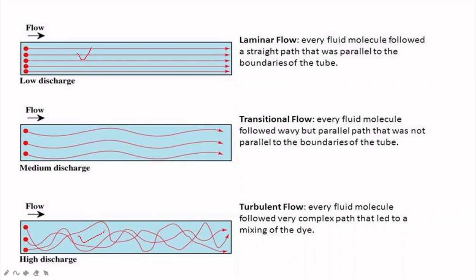What you have to remember: Reynolds number less than 2000 is laminar, more than 4000 is turbulent. If it is between 2000 and 4000, it is transitional flow. So its image will be like this. Fine. This was about laminar and turbulent flow.